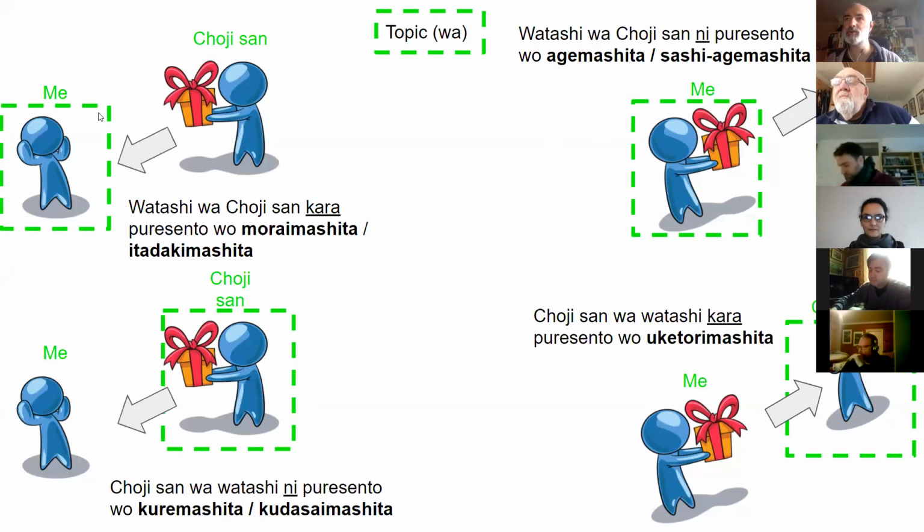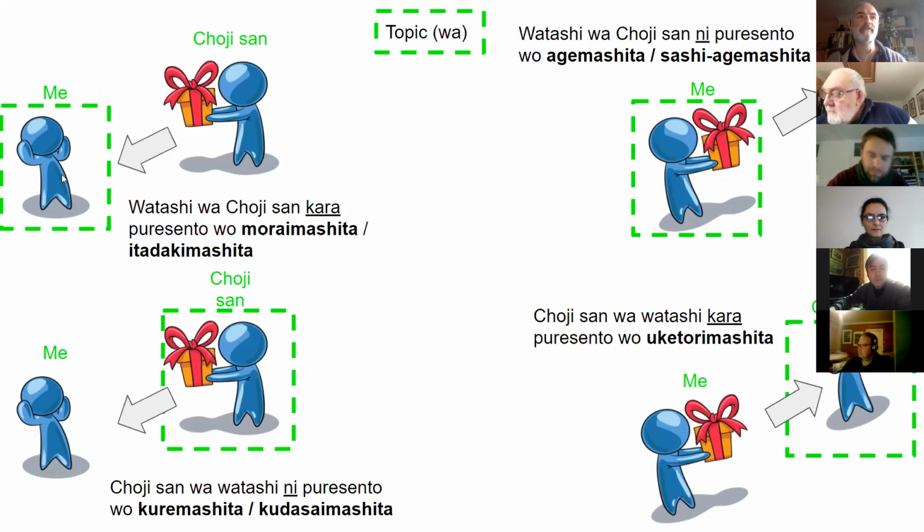The difference between the top and the bottom: the topic is the person who is giving or receiving, and in the top one, you are the topic, giving or receiving.